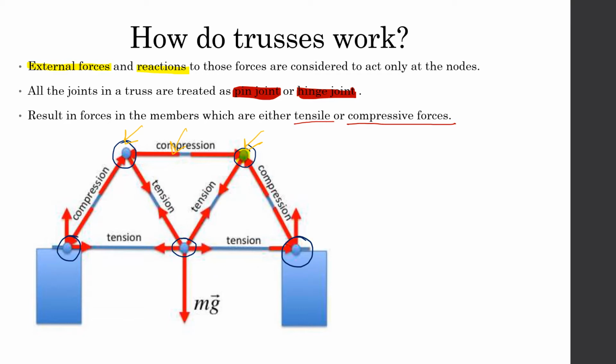As you can see, the members which are above, like this one and this one, these three are in compression, and the intermediate members are in tension. Okay, these are the basic things that you need to understand about how trusses work.